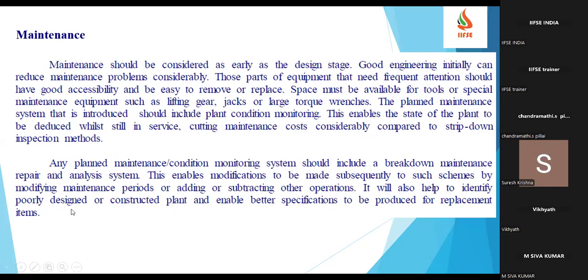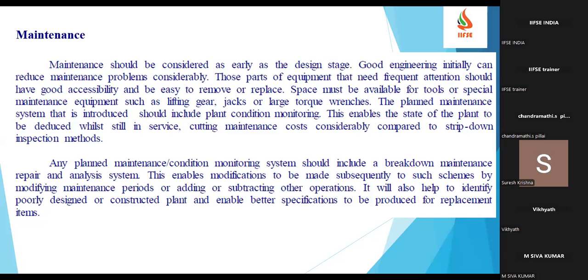Then maintenance is also one of the critical activities we have to ensure while performing. Maintenance should be considered as early as the design stage, and good engineering initially can reduce maintenance problems considerably.